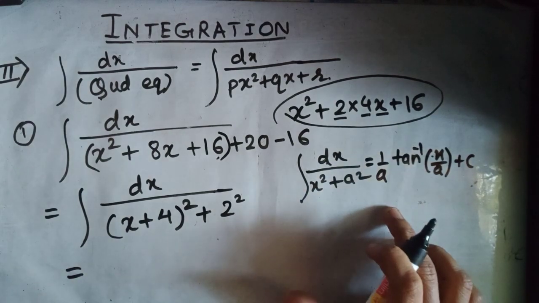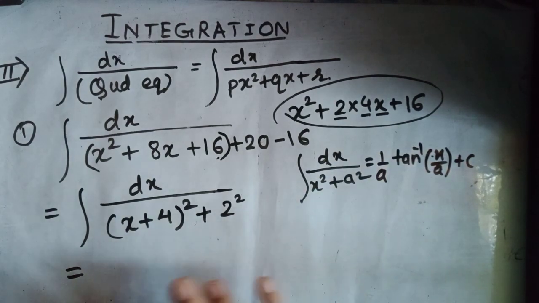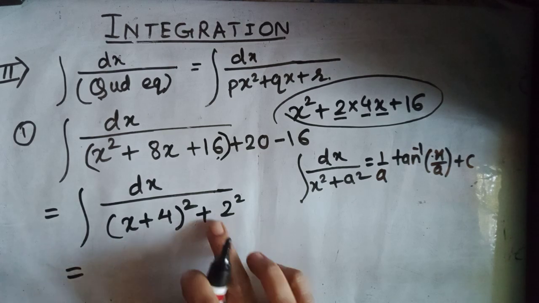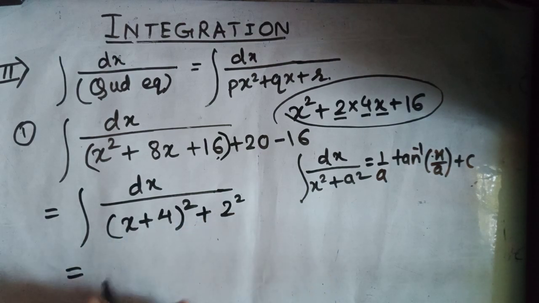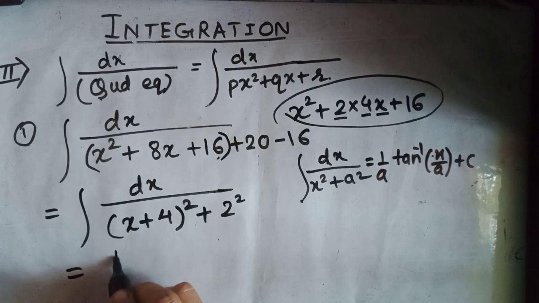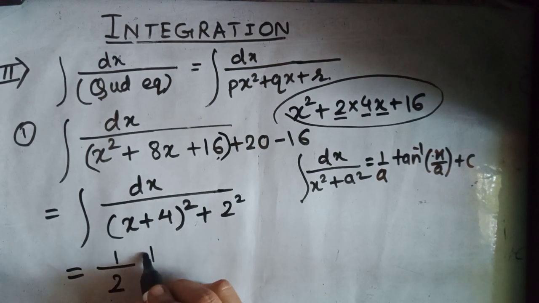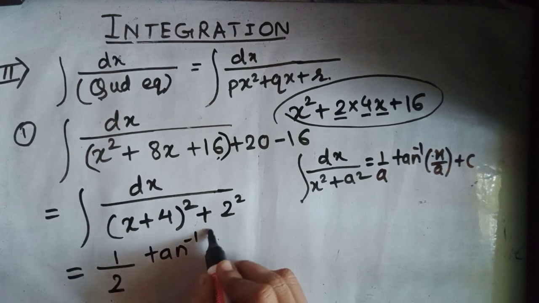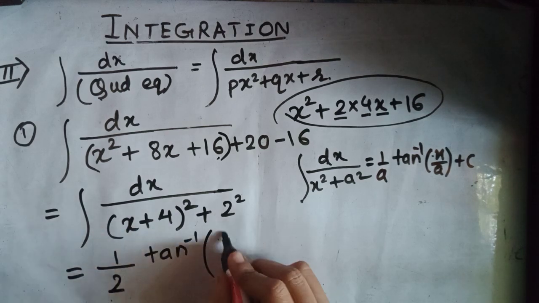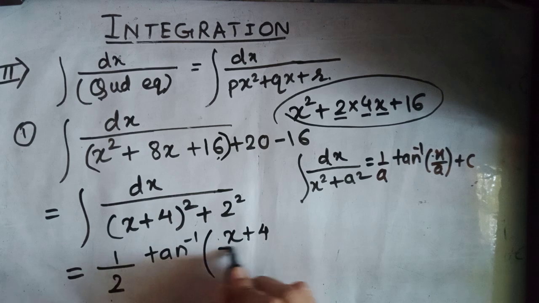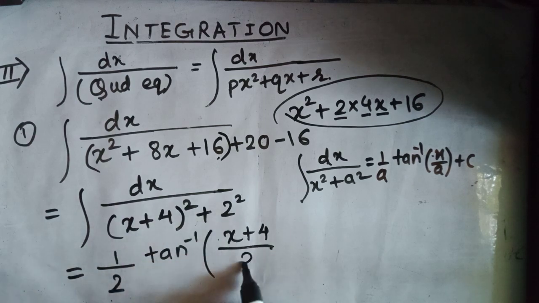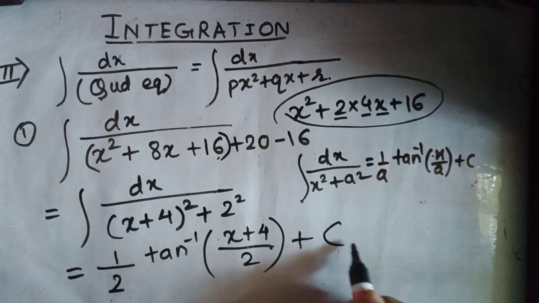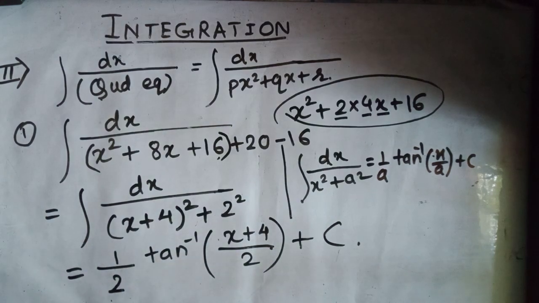So this standard result you have to apply here. So this is your x and this is your a. So this will be 1 upon a, which is 2, tan inverse x, which is x plus 4, upon a, which is 2, plus c. Okay, so this is the answer.